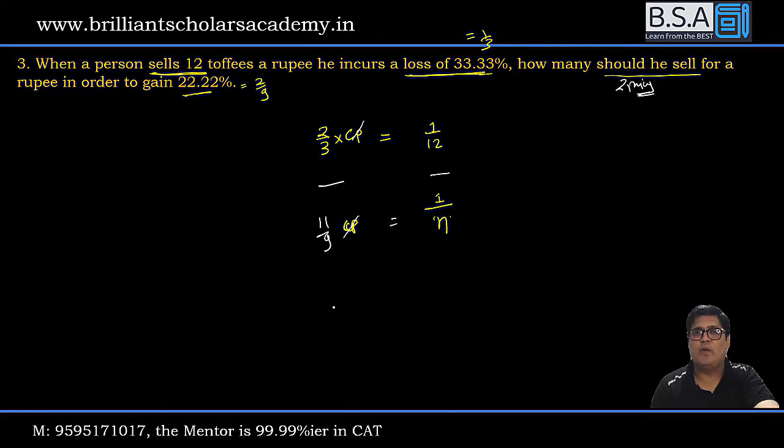You don't need to work with that. 2 by 3 into 9 by 11 is equal to 1 by 12 into n. What is n? Number of units sold. You cannot cancel anything, so cross multiply. 72 by 11 is the number of toffees sold per rupee.